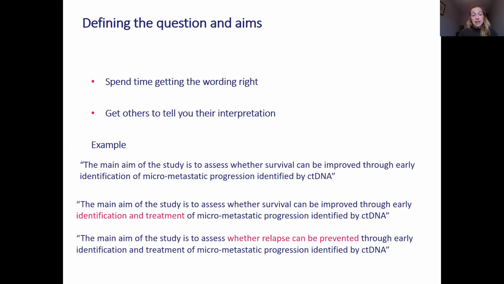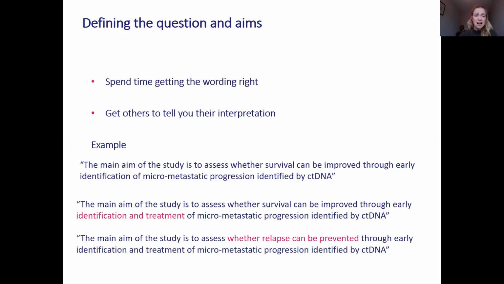I would get others to read that question and tell you their interpretation, because you may have written it and think you know what the question is, but when they read it and say what they think you've said, that can be quite different. It's also what the grant reviewers are going to be looking at, and peer reviewers later on down the line. So it's really important to get that right.